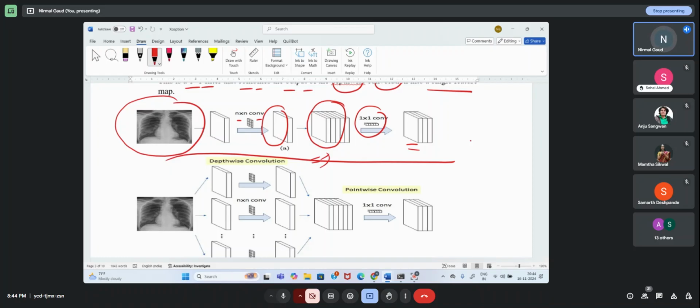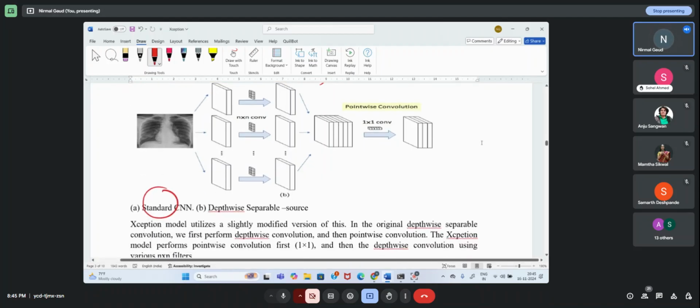After performing the feature extraction with a number of kernels, you will get this much depth. Then they apply one cross one to get this result. However, in the second case, this is depthwise separable.